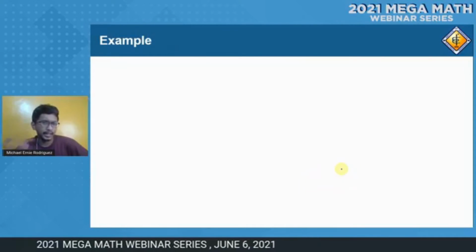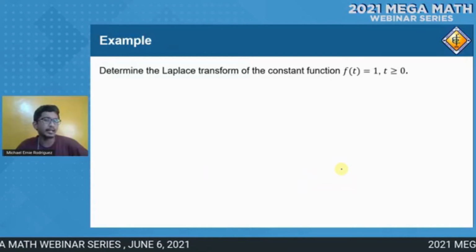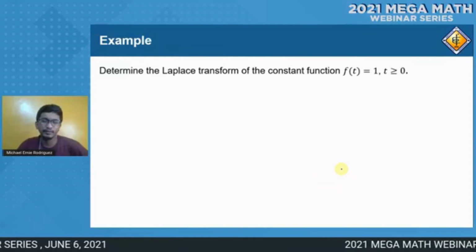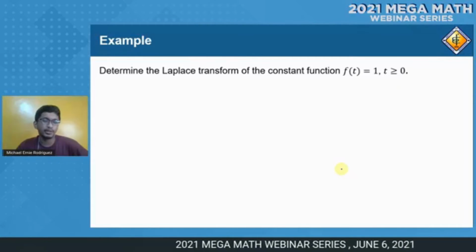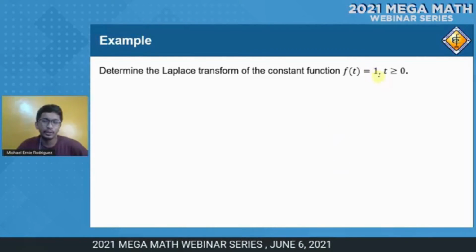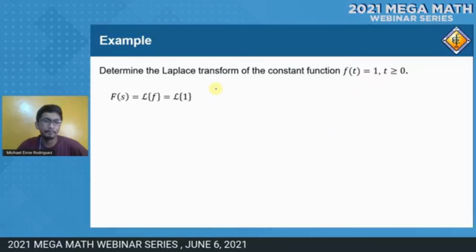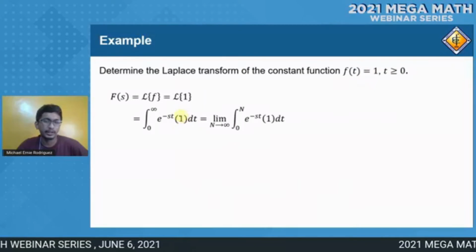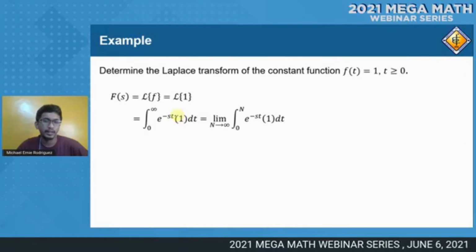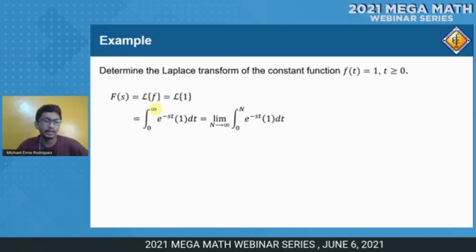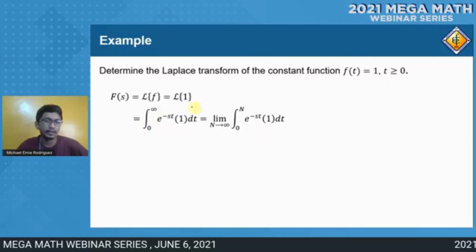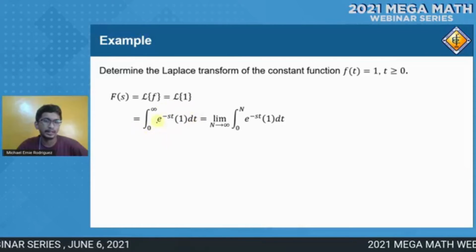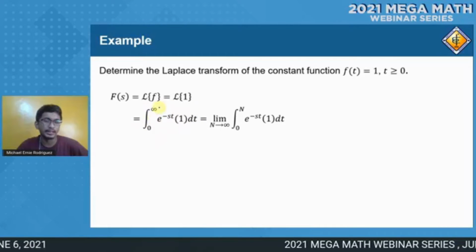So try natin mag-solve ng isang basic na Laplace transform. So we have f of t equal to 1, where t is greater than or equal to 0. Ito, apply natin yung formula natin, di ba? So substitute natin yung f of t, which is 1. Ito na siya, and then your limits is from 0 to infinity. This is an improper integral since we have 0 to infinity as limits.